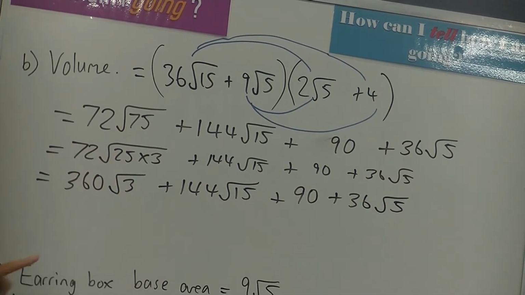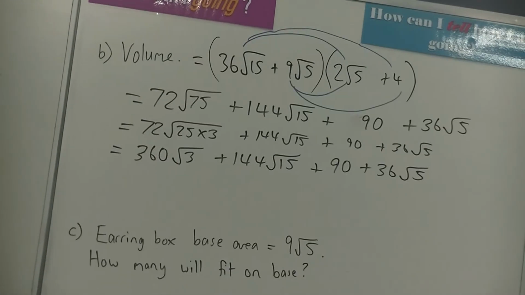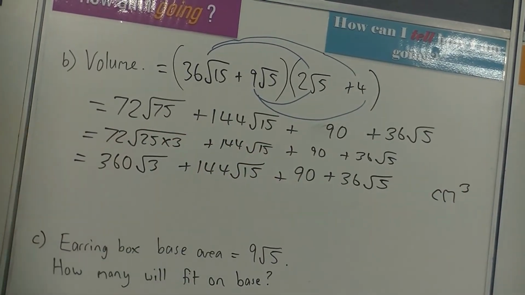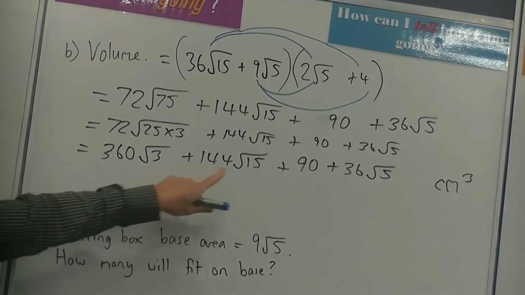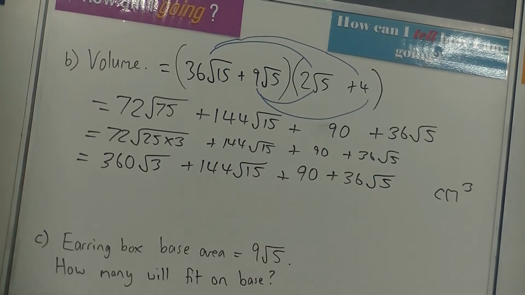And that's our volume, and if you want to put units, centimetres cubed at the end, that's a good idea. So I'll write that just down here at the end, centimetres cubed, because they're the units of the volume of the box. And there are no like terms: root 3, root 15, root 5, and a basic numeral. So we're just going to leave it like that.